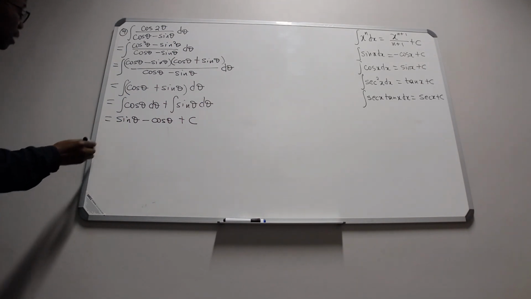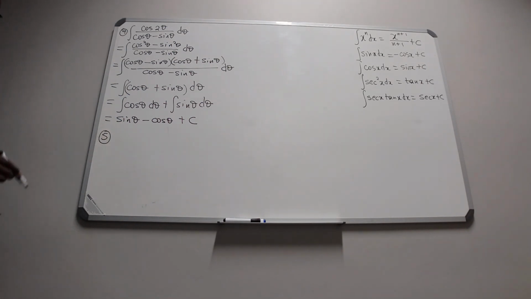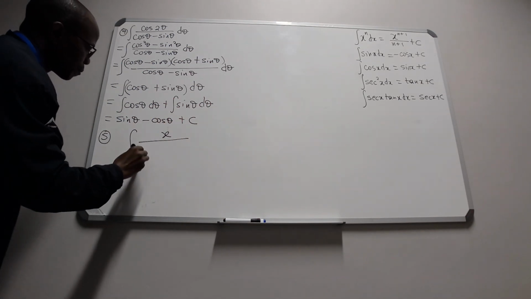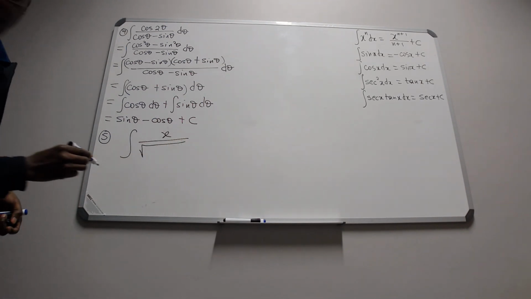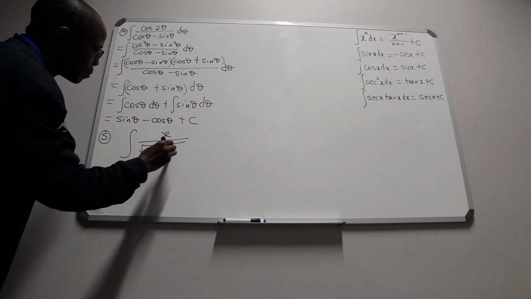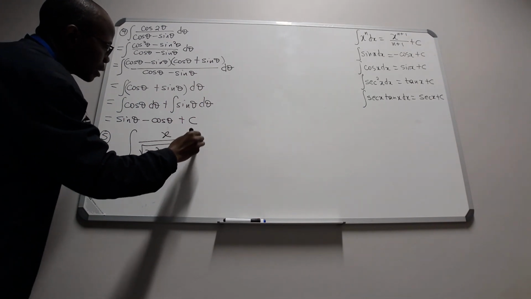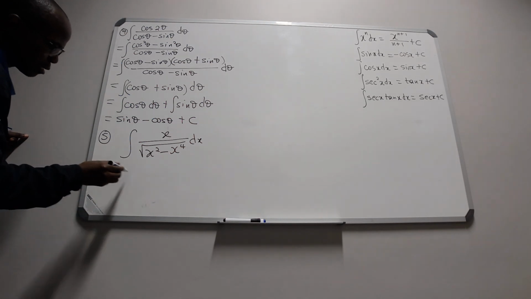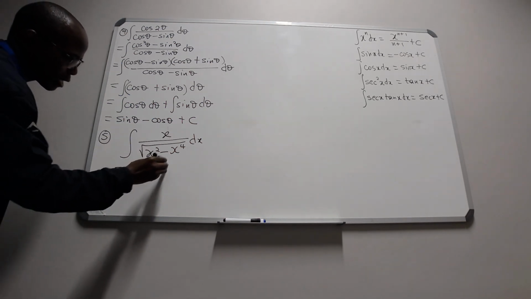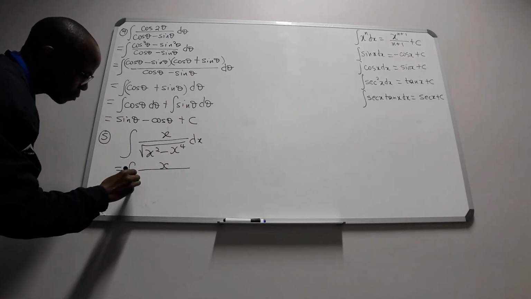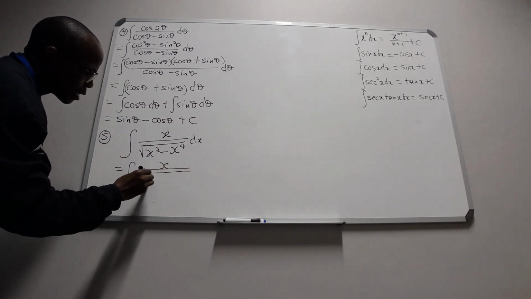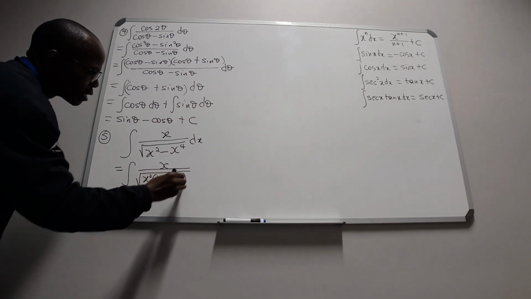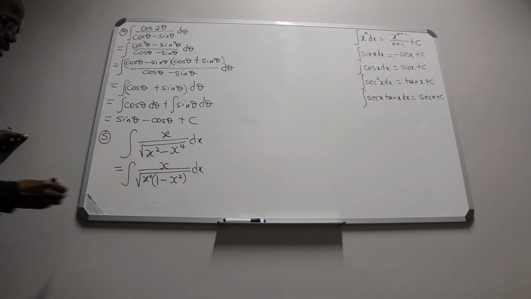We can take the last one there, number 5, the integral of x over the square root of x squared minus x to the exponent of 4 dx, like this. Then when we have something like this, you can see that this is the integral of x over, if we do it slowly, we can take x squared out, then we're left with 1 minus x squared dx, like that.